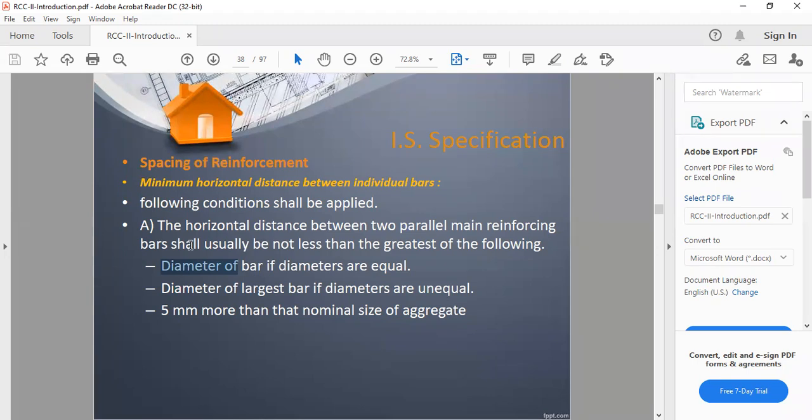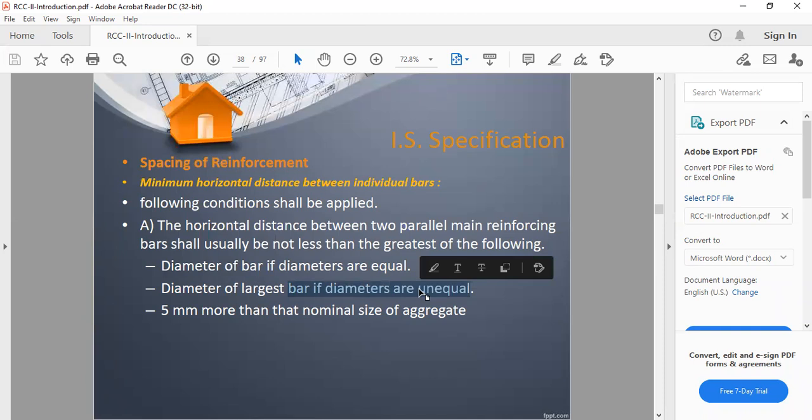And likewise, there are different diameters of the bar. So which bar you are going to provide, according to the design, that diameter of the bar is to be considered here. Then the diameter of the largest bar if diameters are unequal.